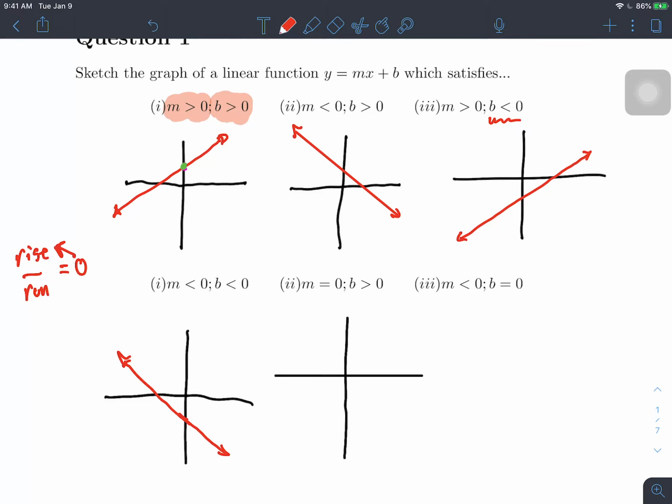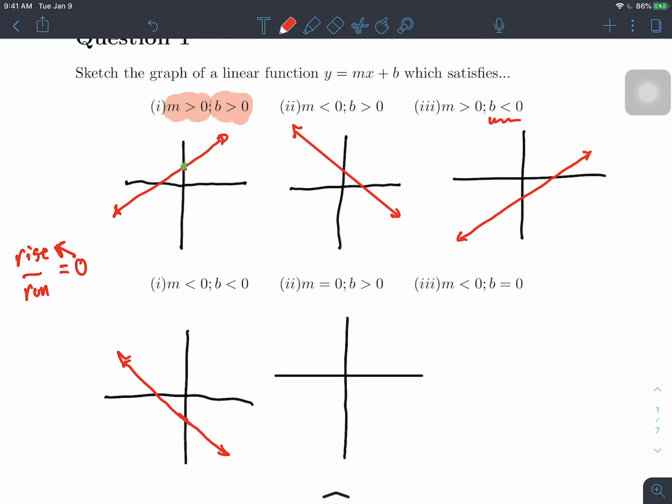So if I run for 1 unit, the amount which I rise is 0, which means that I'm moving to the left and to the right, but I'm not moving up and down at all. So m equals 0 corresponds to a horizontal line.